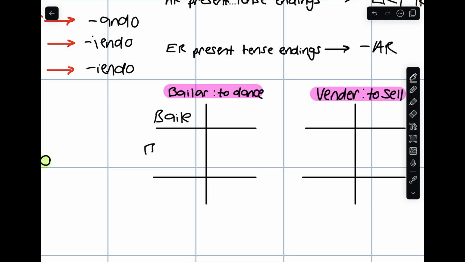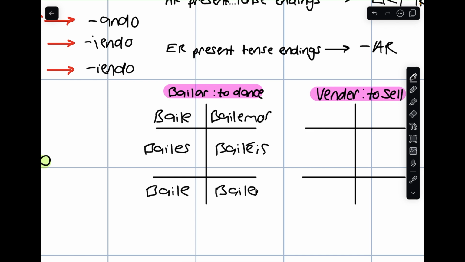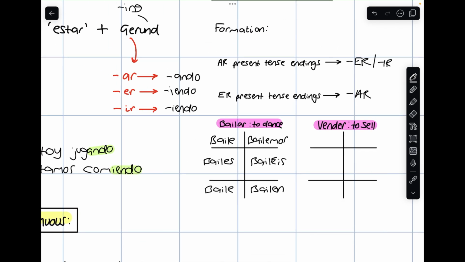Baile, bailes, baile, bailemos, bailéis, bailen. So that is bailar in the present subjunctive.